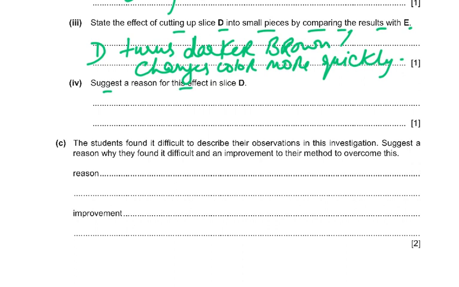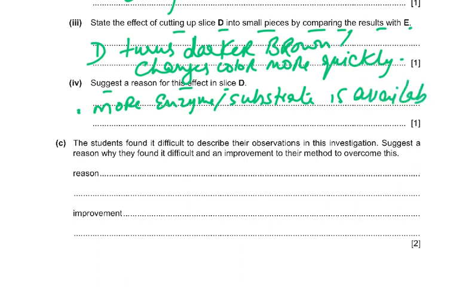Then suggest a reason for this effect. And that's the same thing as more enzyme, or you could have said more substrate, because you're cutting it up. More enzyme, more substrate is available. The slash means you didn't have to give me both, you just had to give me one. So more enzyme or substrate available, increased contact with oxygen.